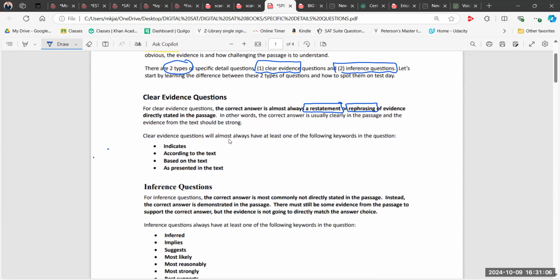Given the same information in different language. So the correct choice is usually clear in the passage. In these questions, you may find keywords like: the passage indicates, according to the text, based on the text, as presented in the text. Okay, so that's the first type.